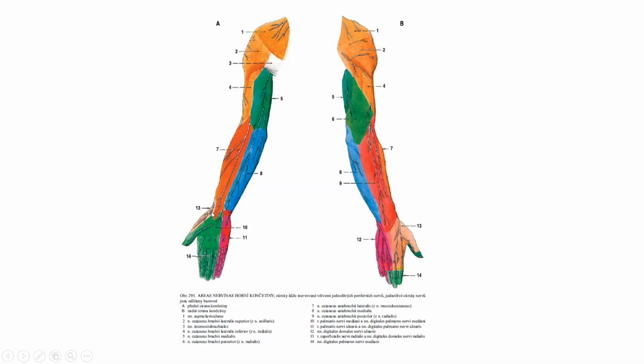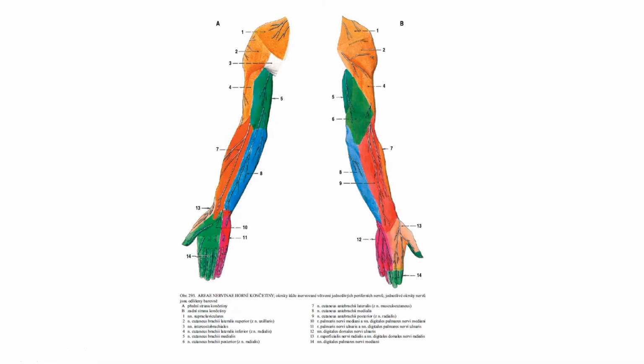Only a small part is supplied by a branch of the radial nerve, the superficial branch of the radial nerve, and the dorsal digital branch of the radial nerve supplies a small area superiorly above your thumb and toward the posterior aspect, or dorsum, of the hand.